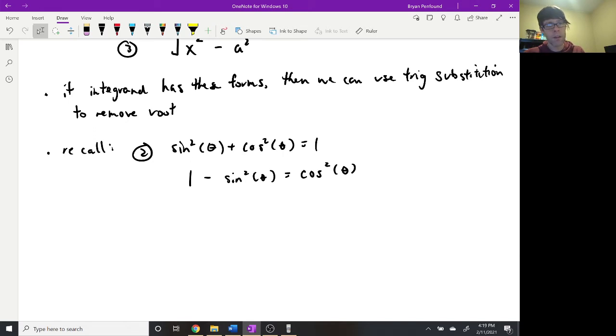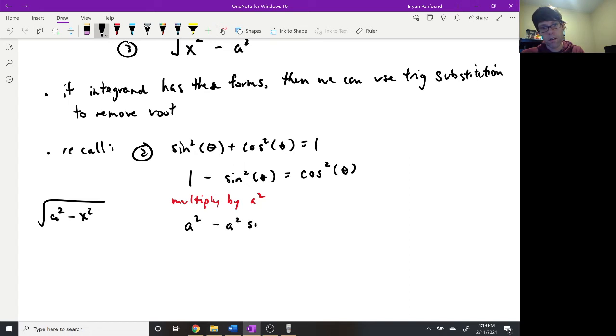And now I want to think about, well, we have a squared minus x squared. So I'm going to multiply all 3 terms here by a squared. That's going to get us a squared minus a squared sine squared theta is equal to a squared cosine squared.